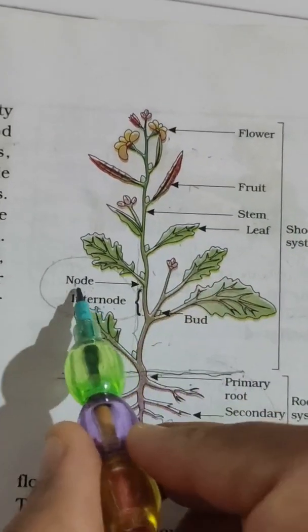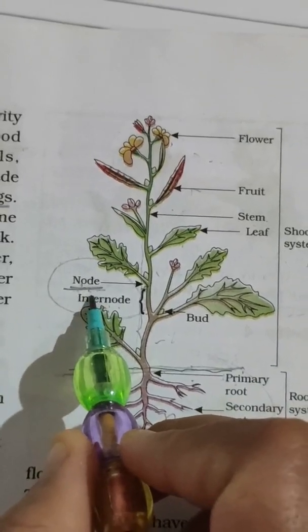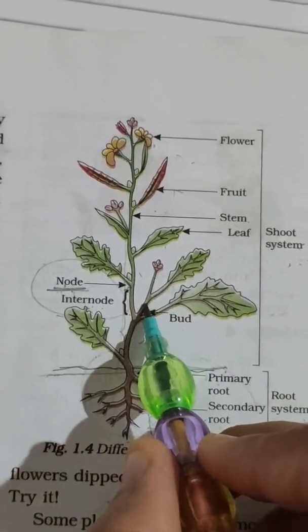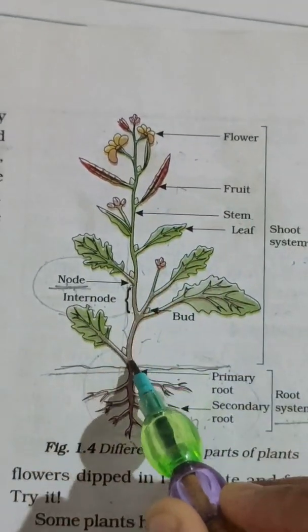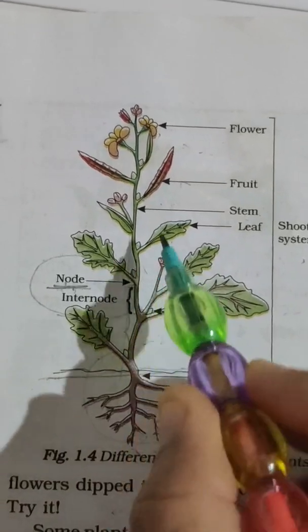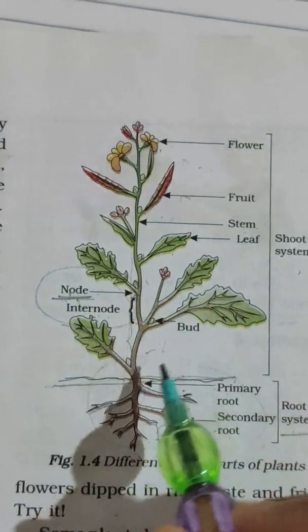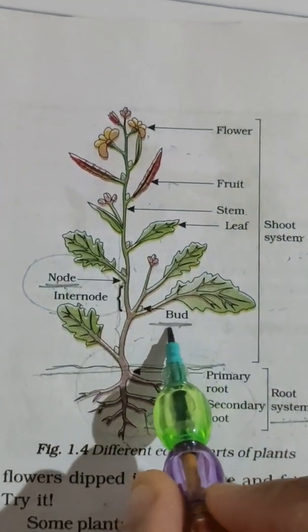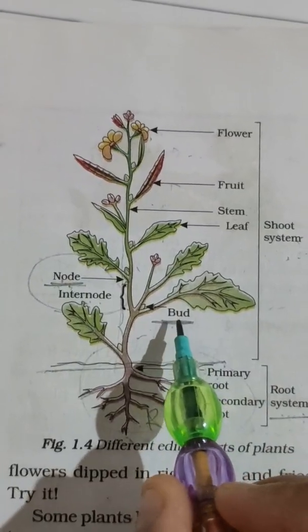So first, what is the node, where is it present? The nodes are the specific area on the stem where the lateral buds are. Here you can see the lateral buds. Can you see the small green structures? These are called the buds here. They are called lateral buds or axillary buds.